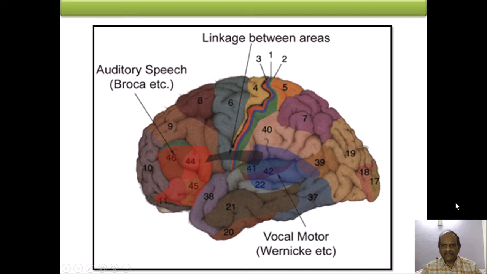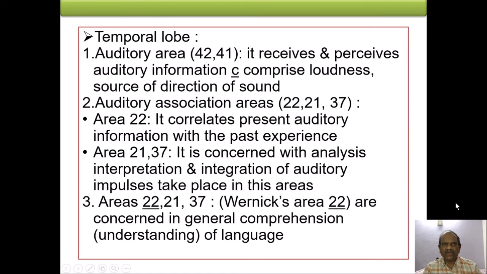Once again, I will try to correlate this. Auditory areas 42 and 41, as shown in the figure, receive and perceive auditory information, including loudness and the direction of the source of sound. The auditory association areas are 22, 21 and 37. Area 22 correlates present auditory information with past experience.